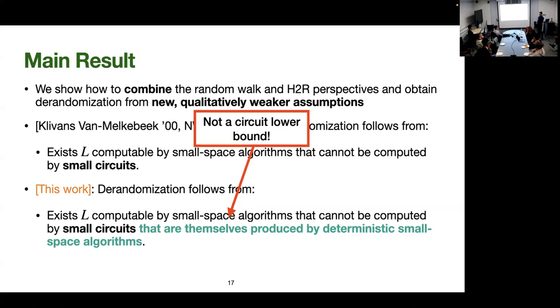But it's very important to emphasize: this is a methodological paper showing that the hardness to randomness paradigm applies in this small space setting. As a spoiler, the final open problem on my open problem slide is to actually prove this assumption and conclude that we can de-randomize space-bounded computation. Because the Chen, Hirahara, van Melkebeek result also has an assumption, there's some progress, maybe, if you think about it that way.